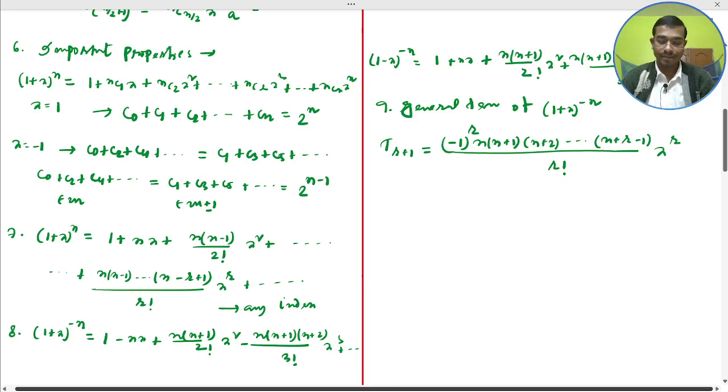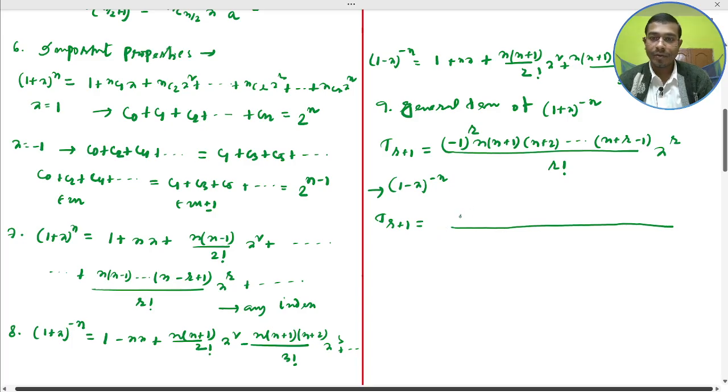This is the general term. And next, the general term for (1 - x) to the power minus n, T(r+1): here there is no (-1)^r, only n(n+1)(n+2)...(n+r-1)/r! x^r.